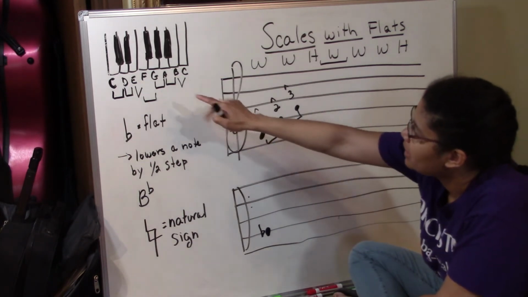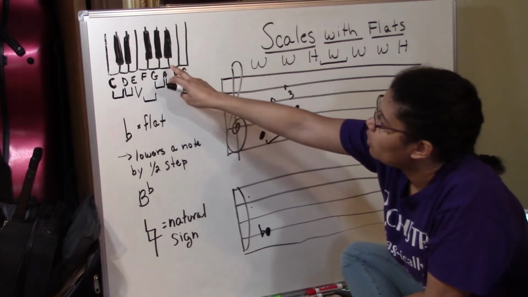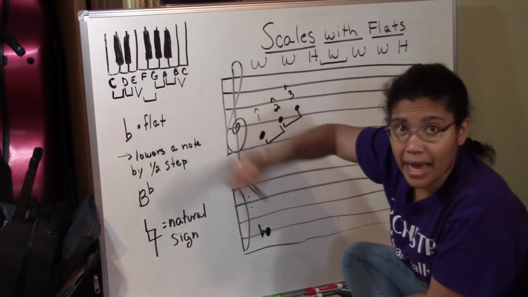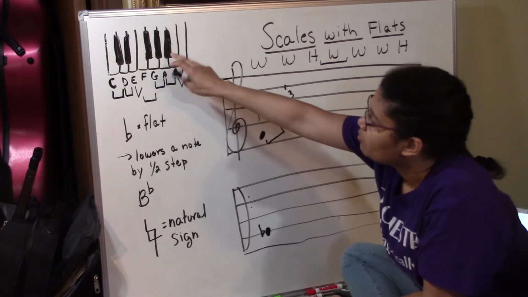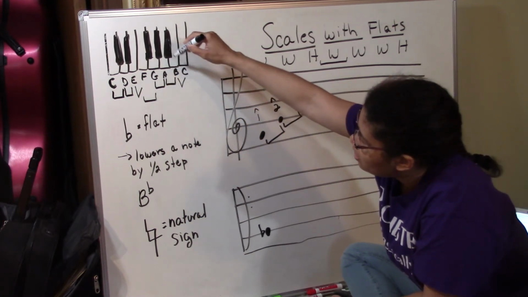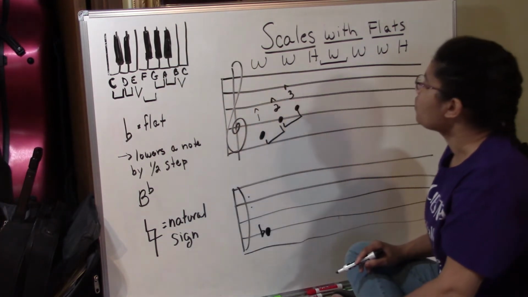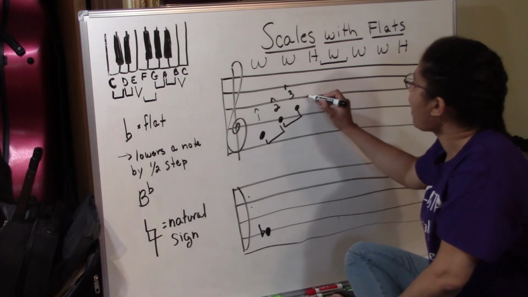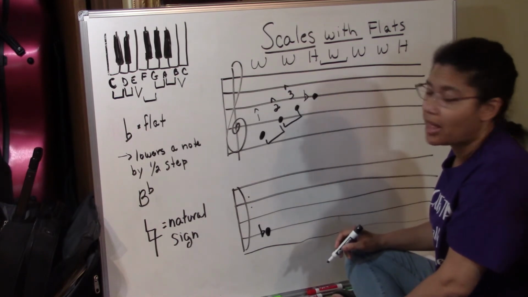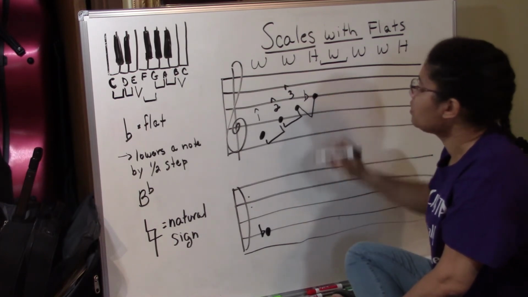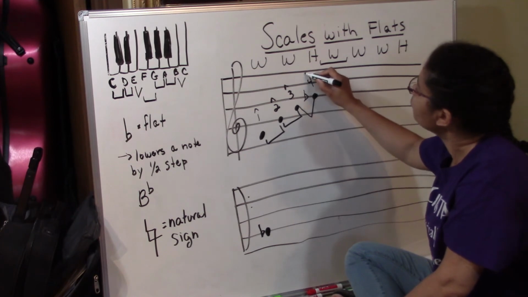Now, if I look at my keyboard, A to B, oops, there's a black key in the middle there. That means I need to make an adjustment because I need this note, not the white key. So what that means is I'm going to have to add a flat to the note B, therefore giving me B flat. And that's going to give me my 1/2 step for scale degree 4.